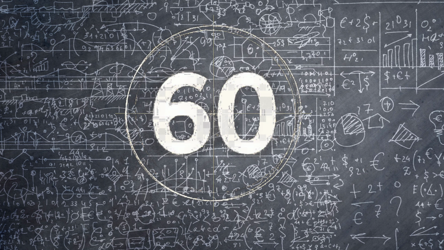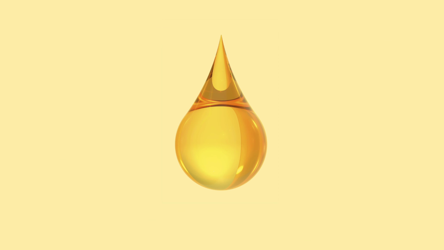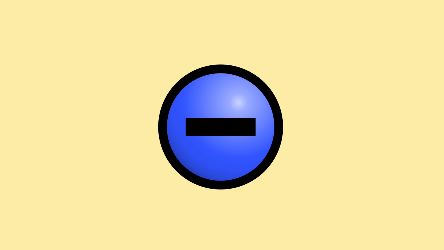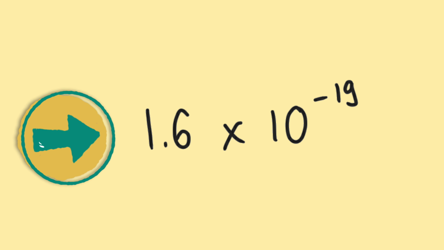As a result, Millikan was then able to determine that the charge of the droplet, as well as an electron, was always an integral multiple of a minimum charge, which is 1.6 times 10 to the power of minus 19.